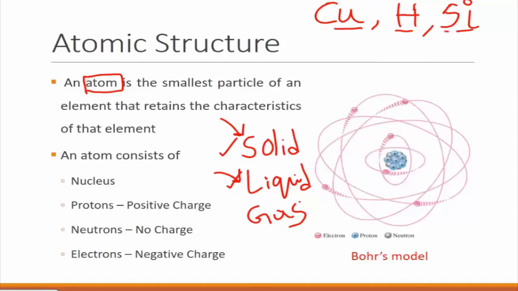But if they are a little bit tightly bonded, then it's a liquid. If that bonding is very tight where they cannot move, basically one molecule is holding the other molecule very tightly, then you will form a state of the material known as a solid. But behind those molecules, groups of atoms are referred to as molecules. So that's why an atom is said to be the smallest particle of an element.